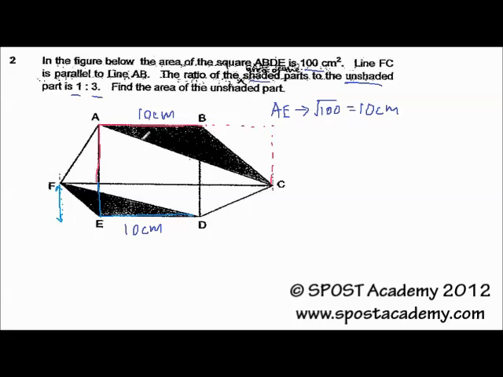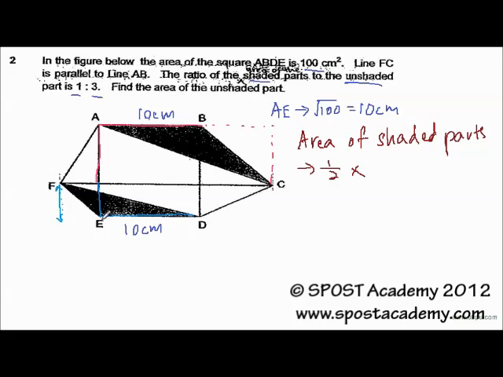So if you actually go and look carefully, triangle ABC is just half times AB times this height, and to find the area of this triangle is half times 10 times this height. So combining them together, I can actually find the area of shaded parts, which is actually given by half times the base.